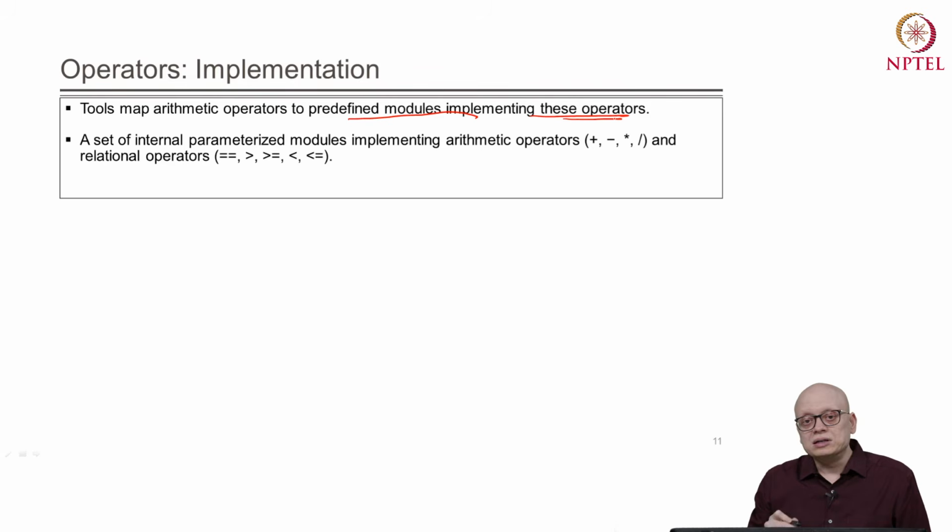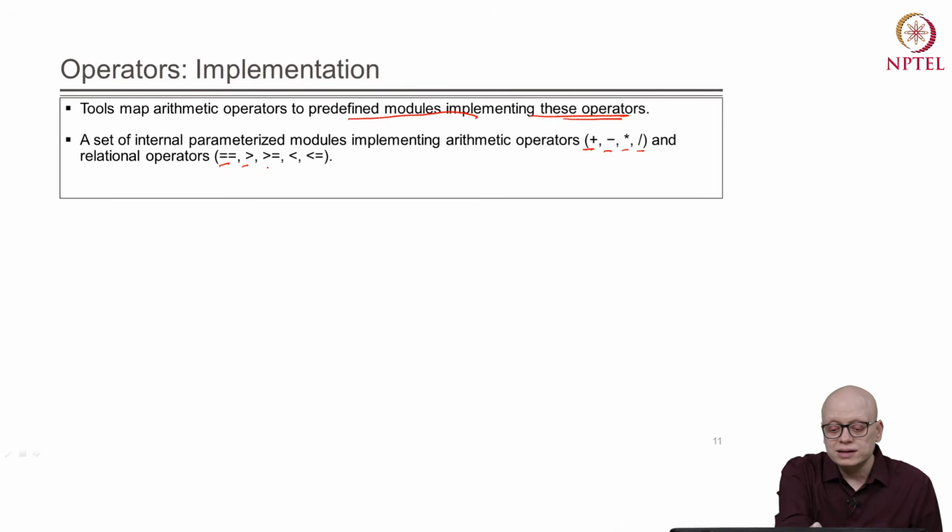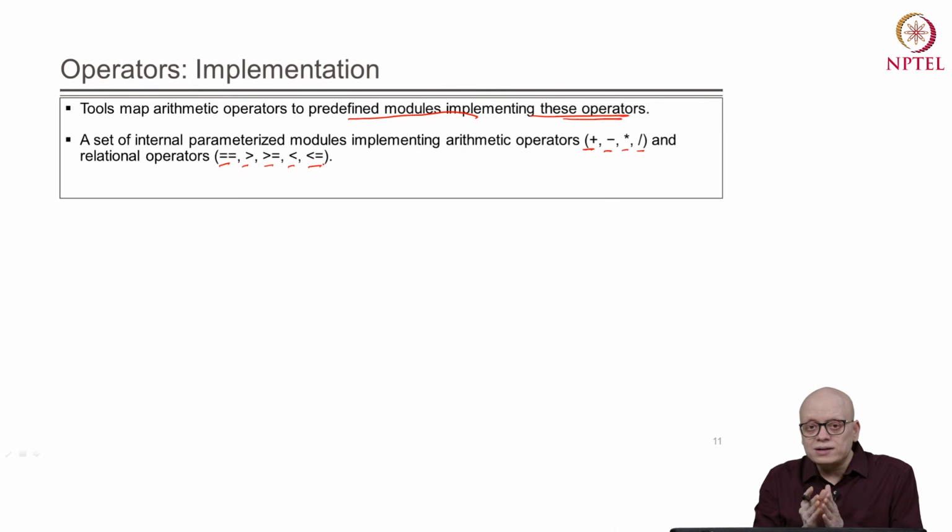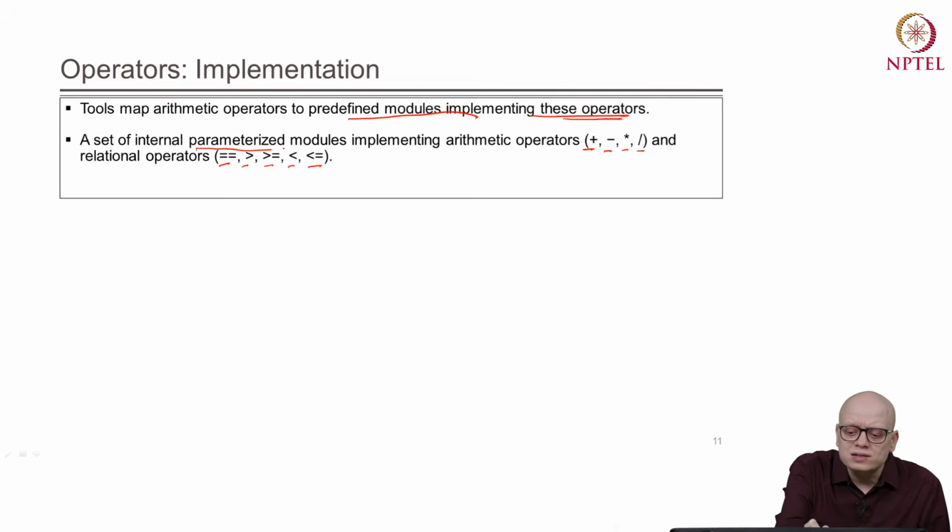An RTL synthesis tool typically has internally a set of implementations for various arithmetic and logical operators, for example, plus, minus, multiplication, division, or equal to, greater than, less than. For all these arithmetic and relational operators which are allowed by Verilog, the RTL synthesis tool will internally have an implementation, and these implementations are typically parameterized modules.